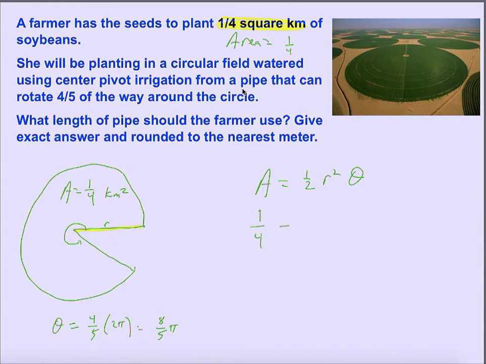So that's the way I usually think. But if you want to put the square kilometers in there, if it helps you, be my guest. Equals 1/2 the unknown radius that we're looking for times 8/5 pi. So I can reduce that right side a little bit. 8/5 times 1/2 is 4/5.